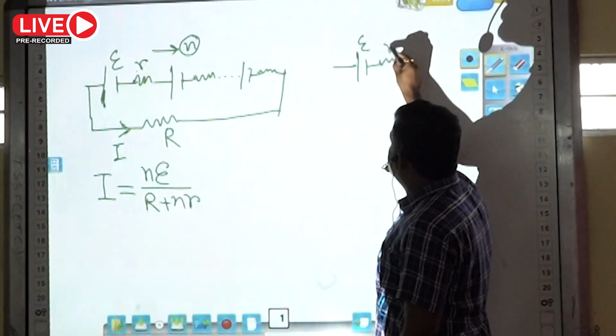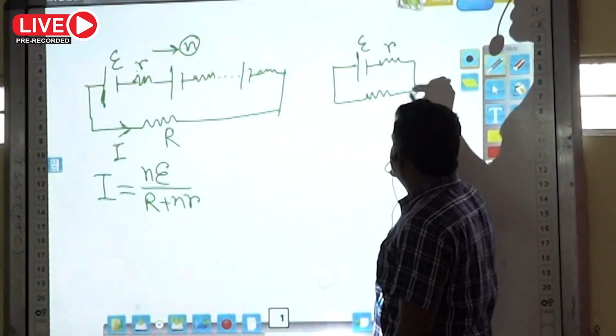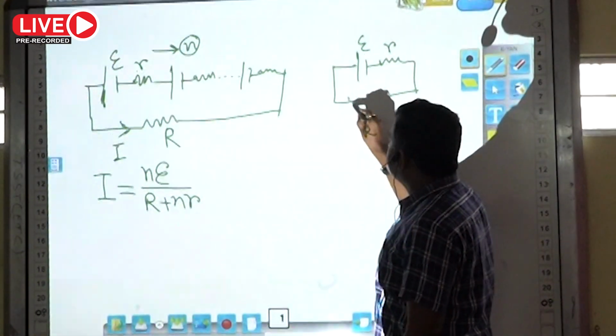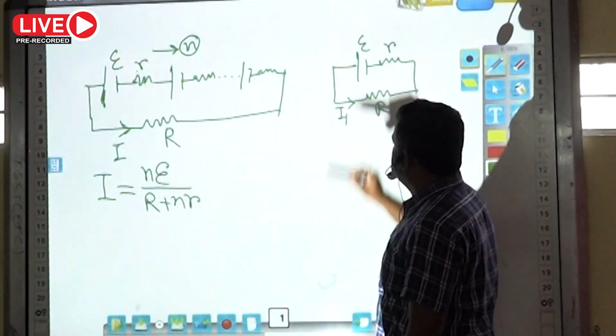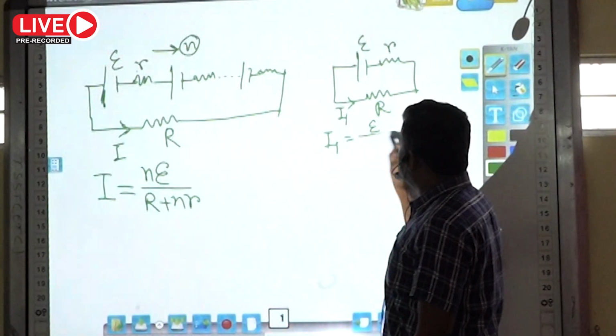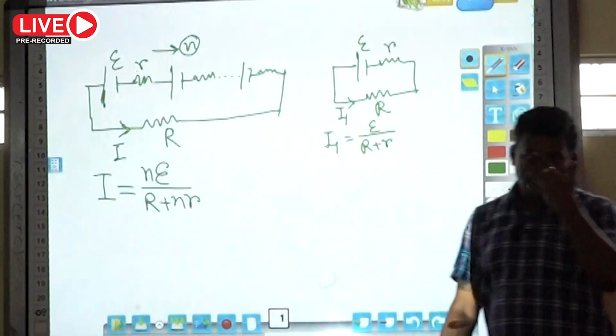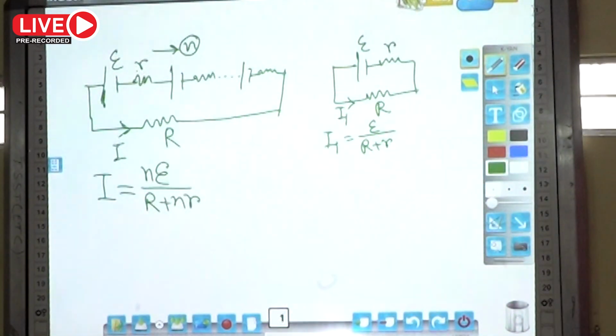EMF E, internal resistance small r, connected across the same external resistor capital R. So it will send current I1. So in that case we can write I1 equal to E by capital R plus small r, only for a single cell. Okay. Now we will check two conditions.